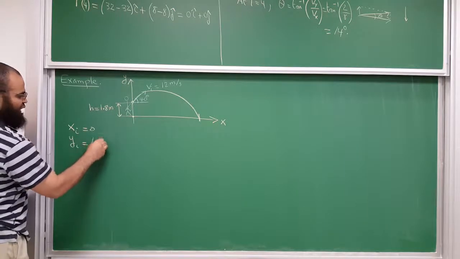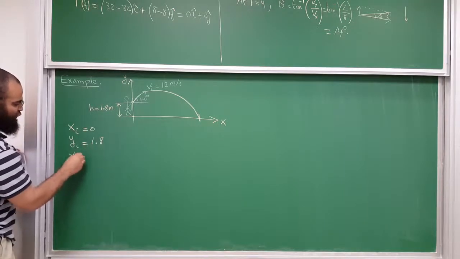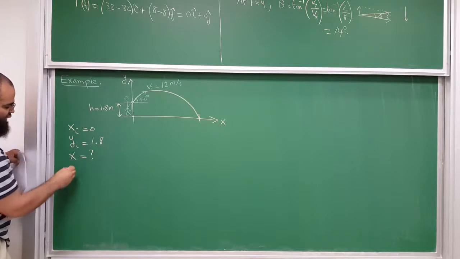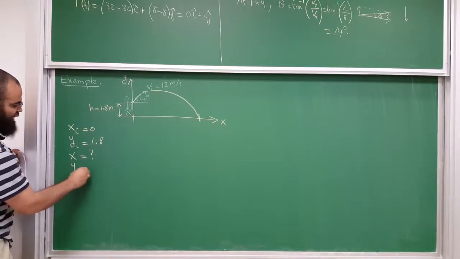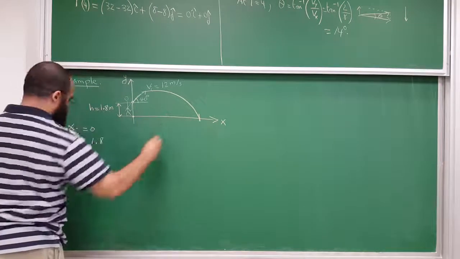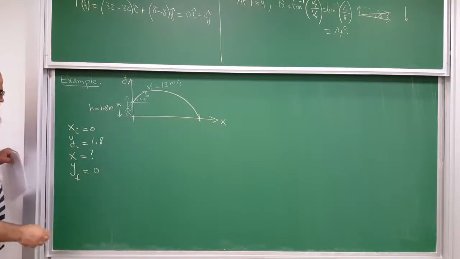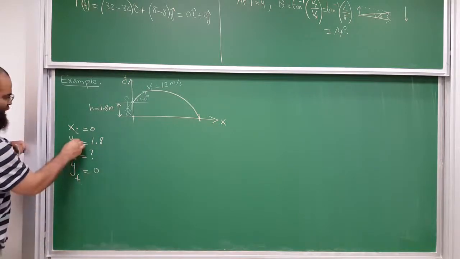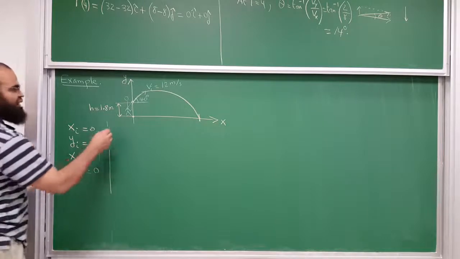So it's at 1.8. X final, I don't know what it is when it lands. Y final, I know it lands on the ground. So that's at 0 height, so it is 0. And let's also further write down the velocities.